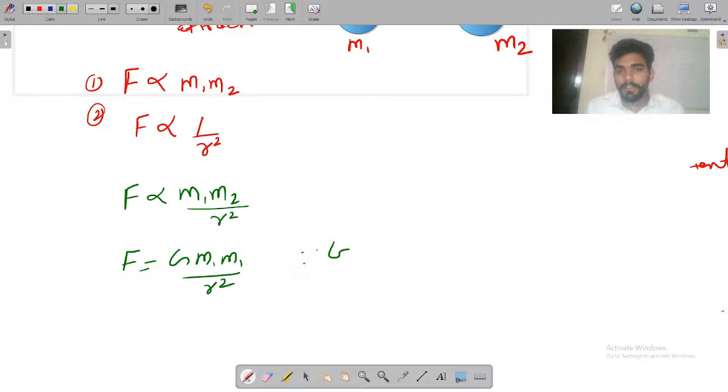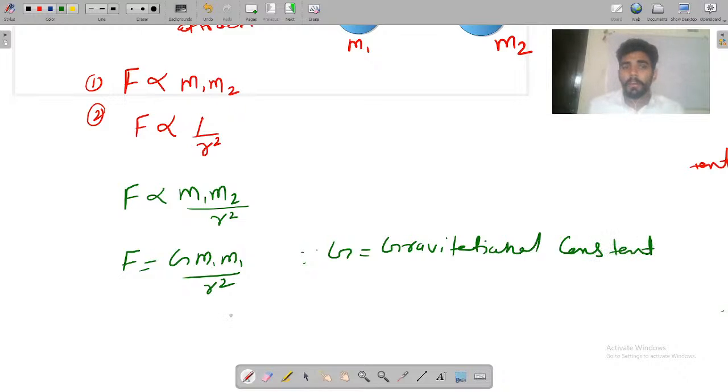Now, what is G here? G is the gravitational constant. And we know every constant has a fixed value. So what will be the value of G here? G will be 6.67 into 10 to the power minus 11.